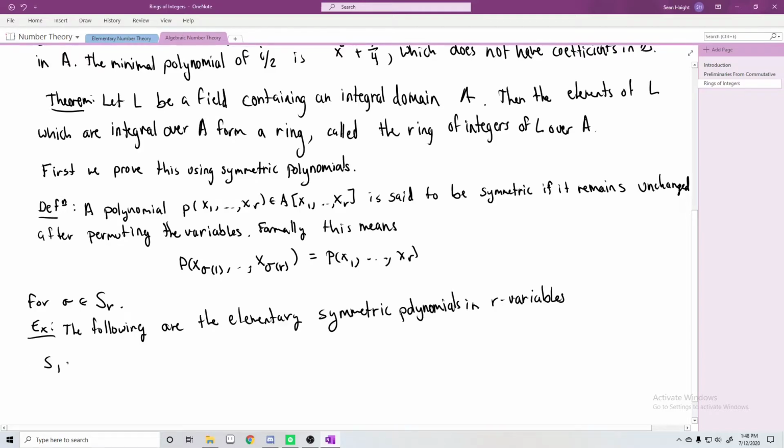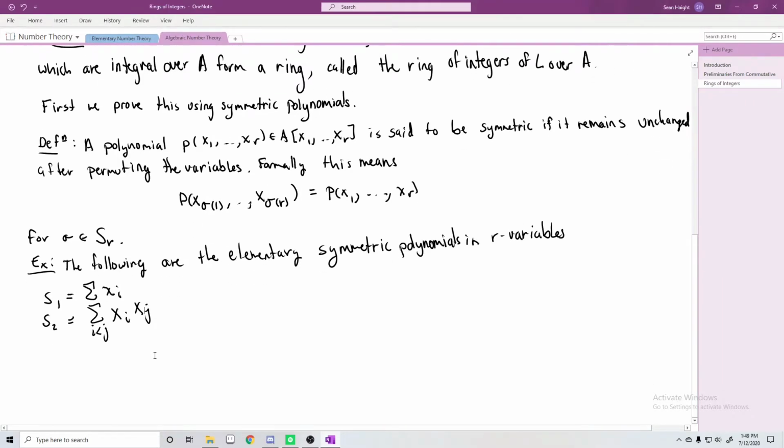S sub 1 is going to be just the sum of all my variables. S sub 2 is going to be the sum over i less than j, x sub i, x sub j. S3 is going to be the sum. So I guess maybe I'll just tell you what in general they look like.